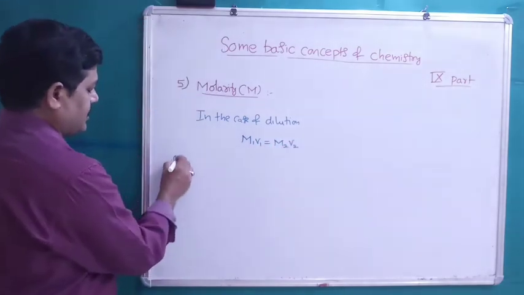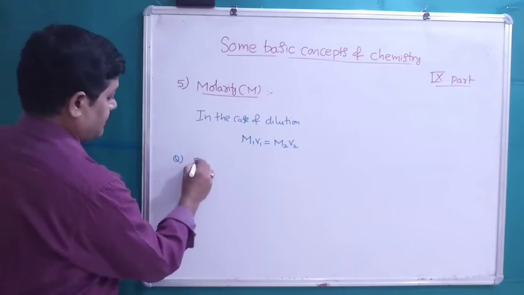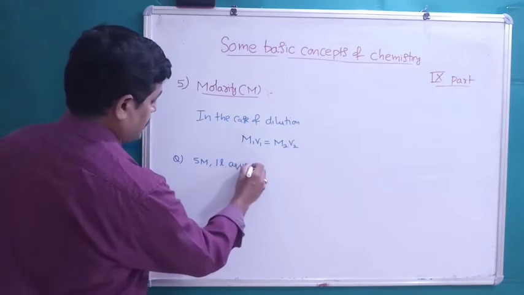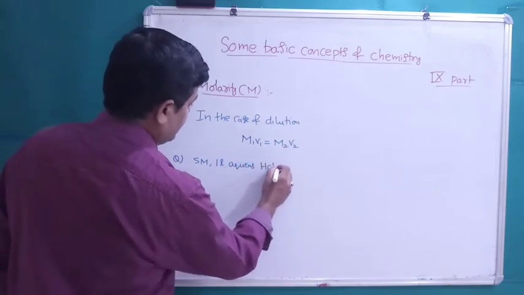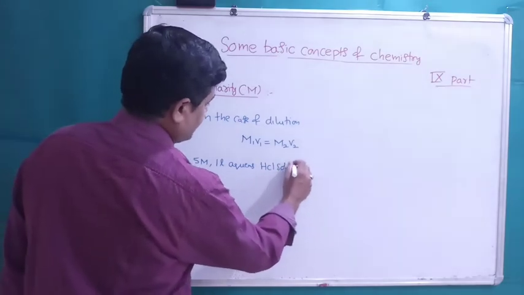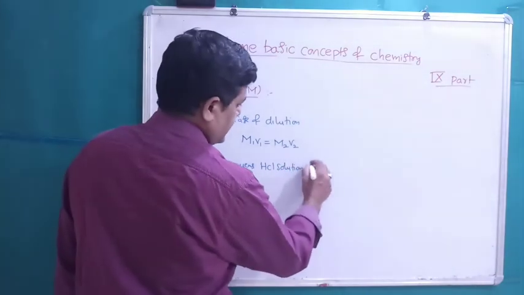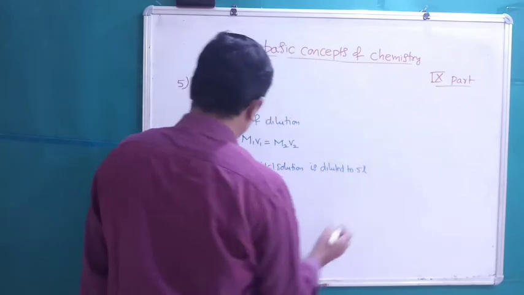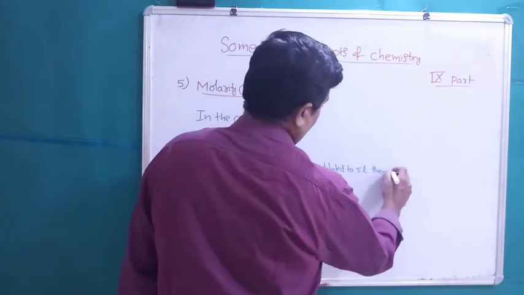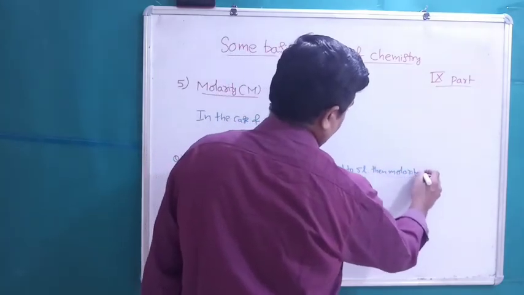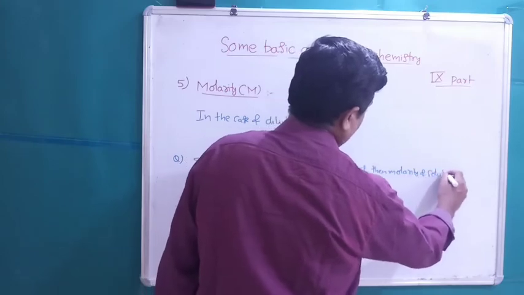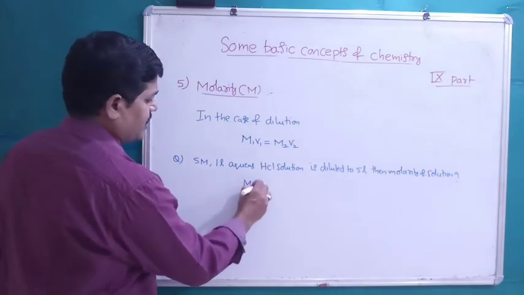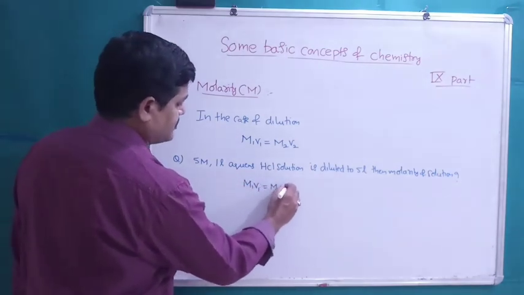For example, 5 molar, 1 liter aqueous HCl solution is diluted to 5 liters. Then the molarity of the solution, right? So then we can use the formula M1V1 is equal to M2V2, right?